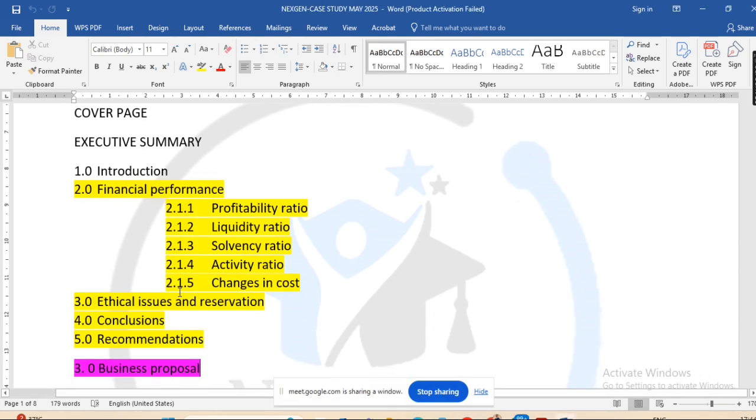Your first requirement is your financial analysis based on your responsibility. You do an analysis. I just assumed these ratios because we've not seen the unseen. After that, your ethical issues and reservations, we've explained that. Then conclusions and recommendations, of course.